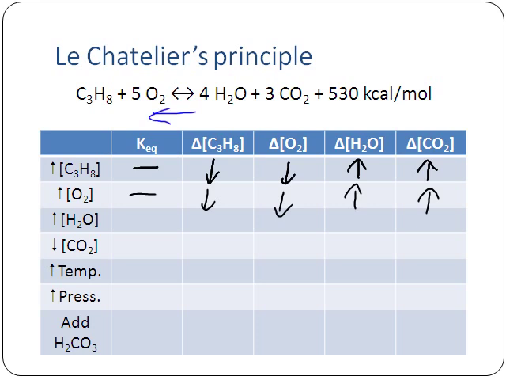Reactions will proceed to the left. And so if it proceeds to the left, that's going to mean that our concentration of C3H8 is going to go up. Our concentration of O2 is going to go up because it's going in that direction. Our concentration of H2O is going to go down because it's going away from it, and CO2 is going to go down because we're going away from it. KEQ, once again, is going to be the same.